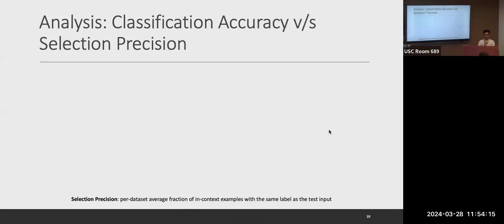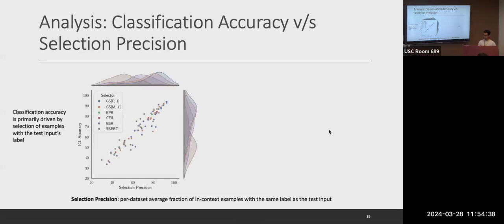So precision being: if the model selected 8 examples for some test inputs which had a positive label, how many of those 8 had the same label as the test input? What fraction? Is the retriever just selecting the label that the model has to predict for the test input? So that's the point you'll be seeing. The points are for a data set and selection method combination.